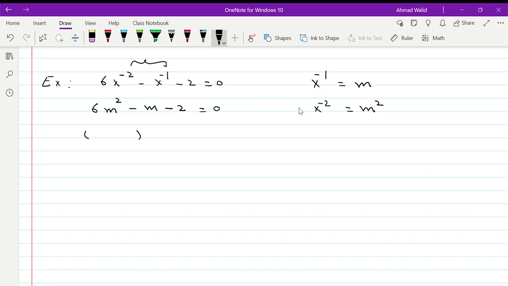Factor out. Possible factors of 6 are 3 and 2. And also here m and m. Possible factors of 2 are 2 and 1. We call this method the trial and check method.